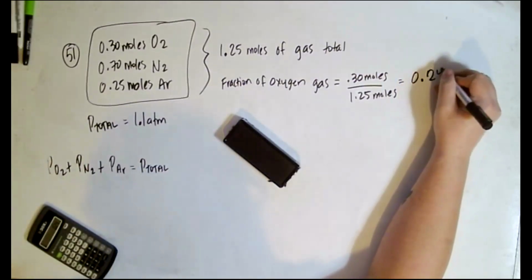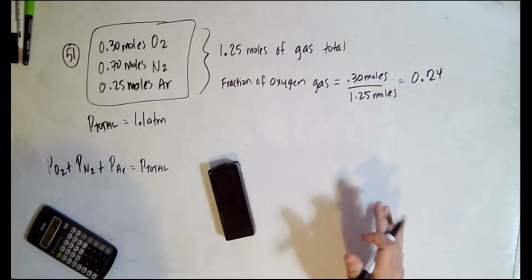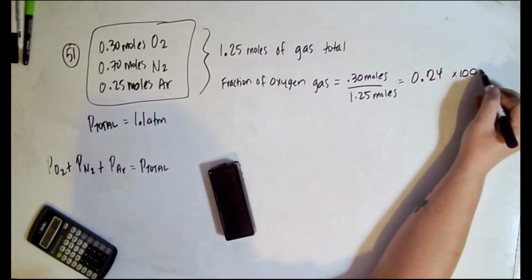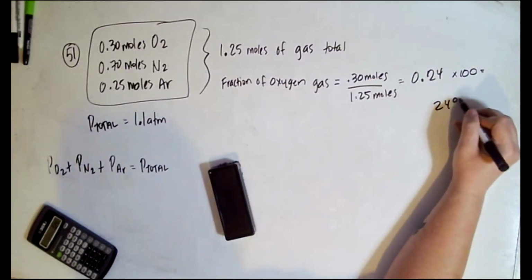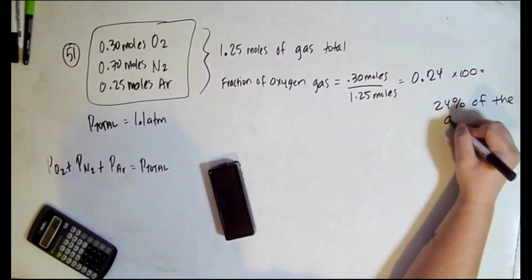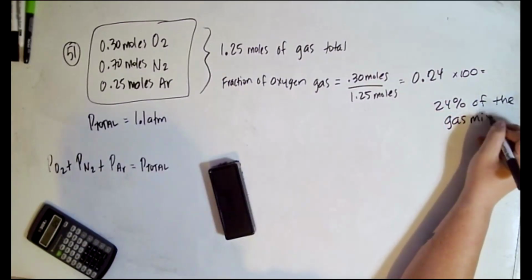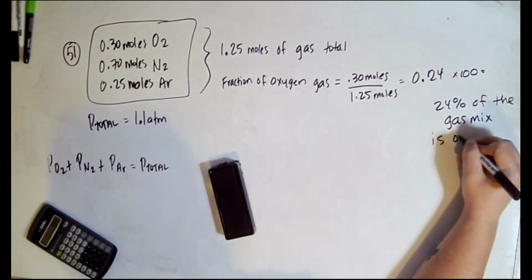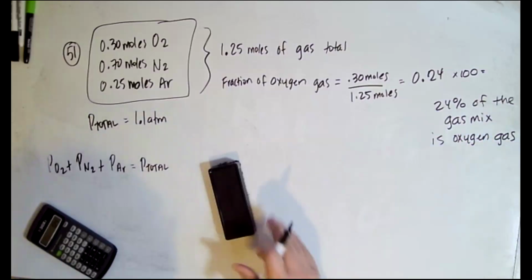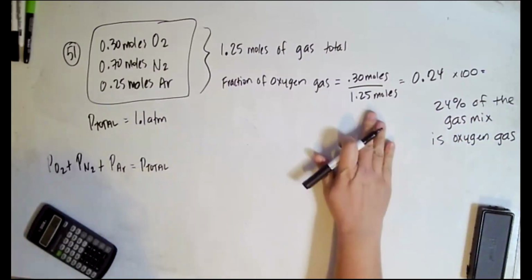So if I was turning this into a percent, I would take my 0.24 and I could multiply it by 100. And I could say that 24% of the gas mixture is oxygen gas. Okay. That's what this means.